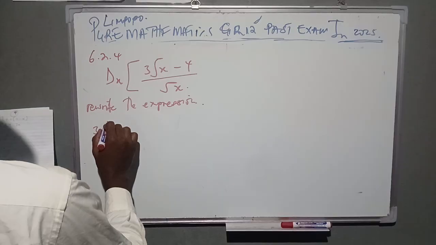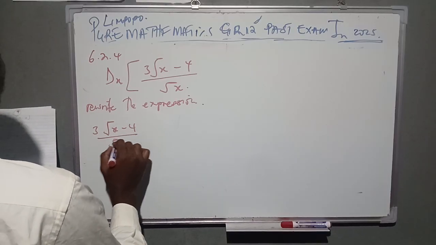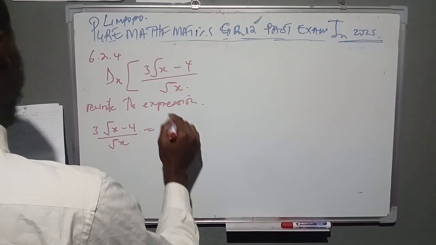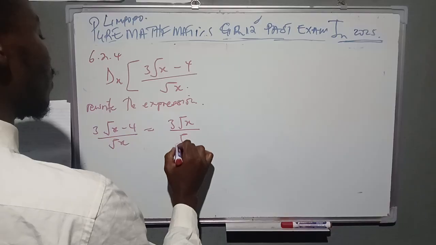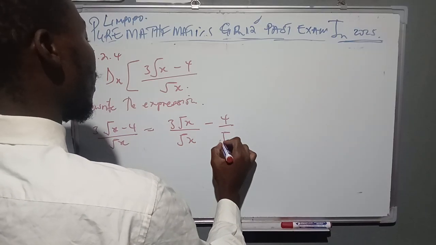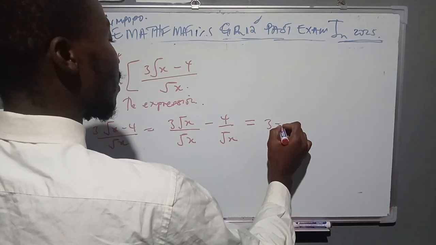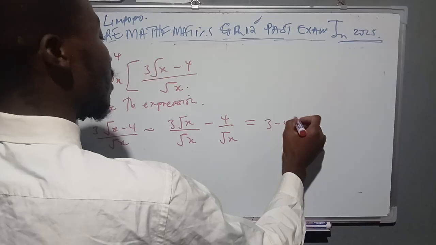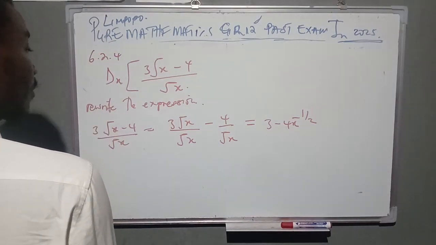So we can say 3 root x minus 4 over root x equals 3 root x over root x minus 4 over root x, right, which is equal to 3 minus 4x to the power negative half, like that.